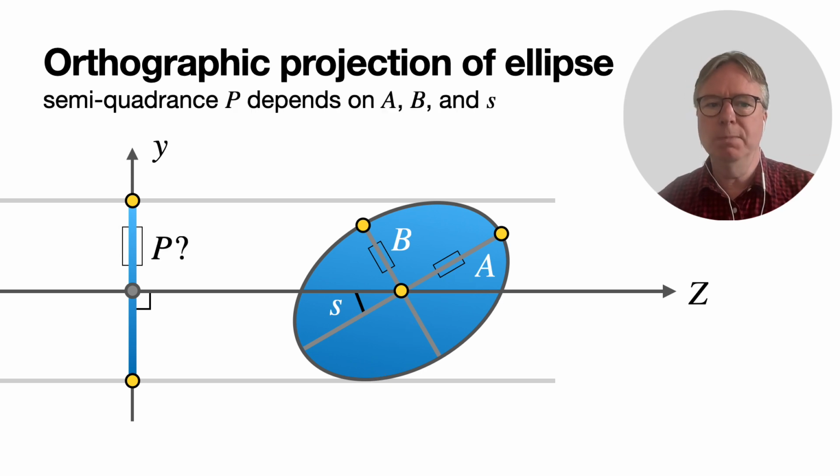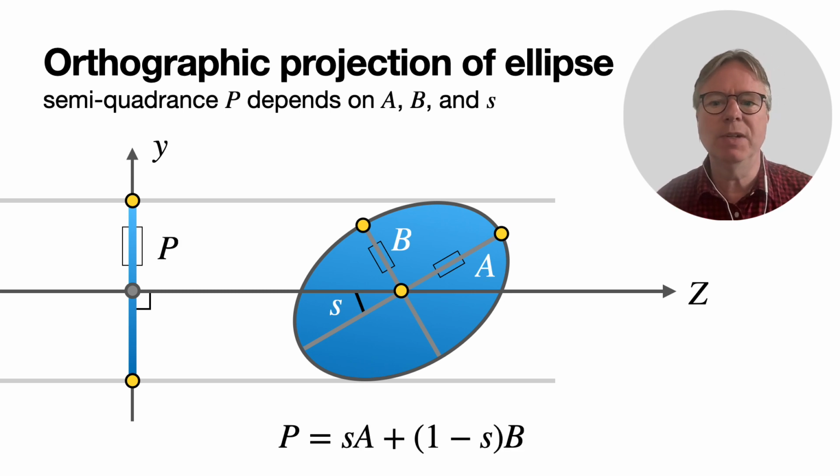What I'm going to derive is a formula for P. If you change A, B, or S, how does that affect P? I will give you the answer. It's a very lovely, simple formula. P is S times A plus 1 minus S times B.